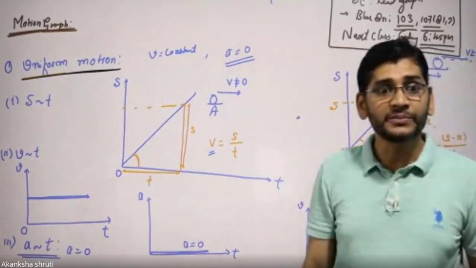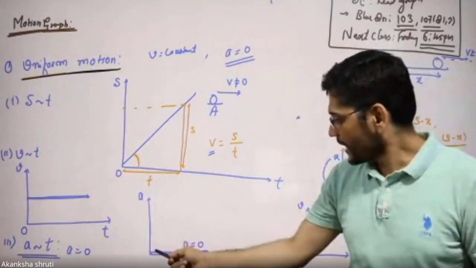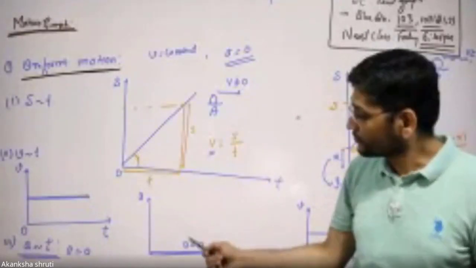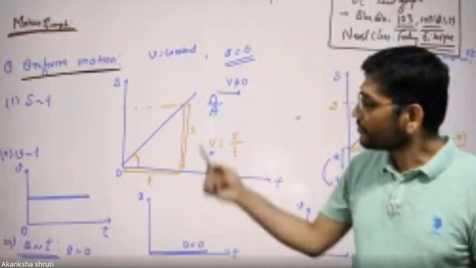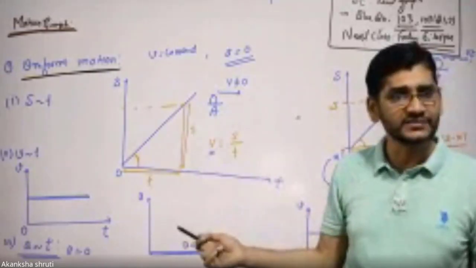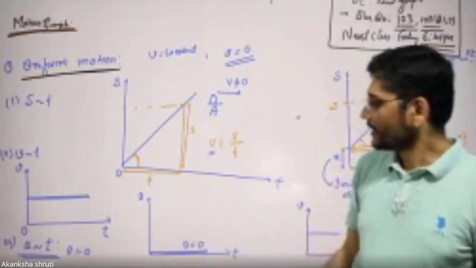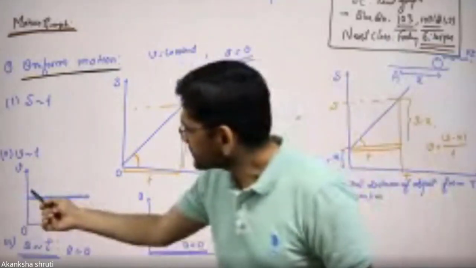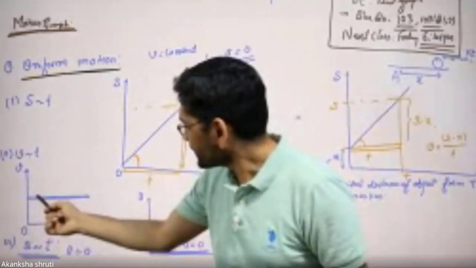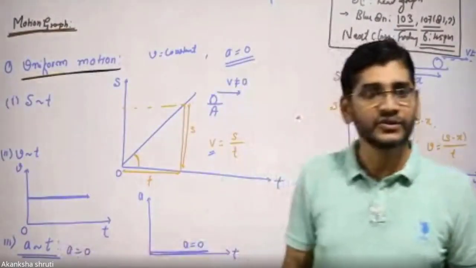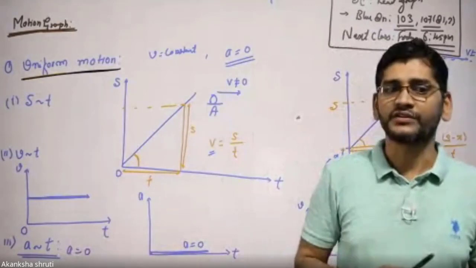You have to keep in mind, if the AT graph is a line on the time axis, it could be for the uniform motion or for the rest. That we cannot get from this. But if the VT graph is a line parallel to the time axis, then it is surely indicating the uniform motion. Okay?